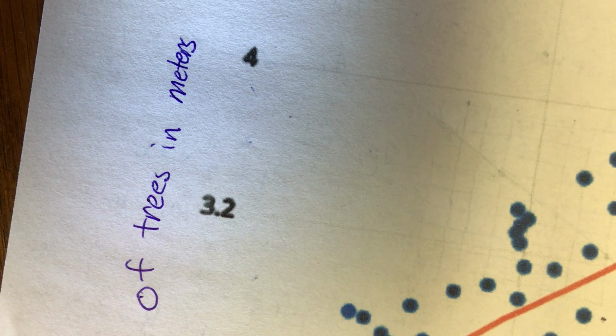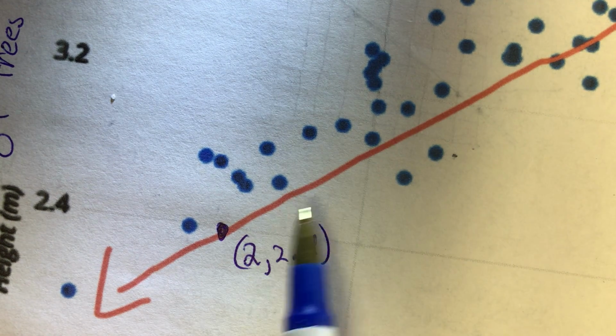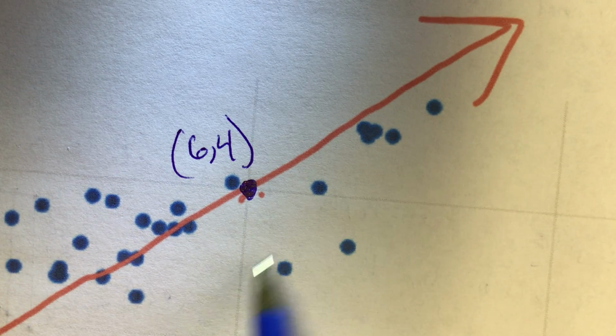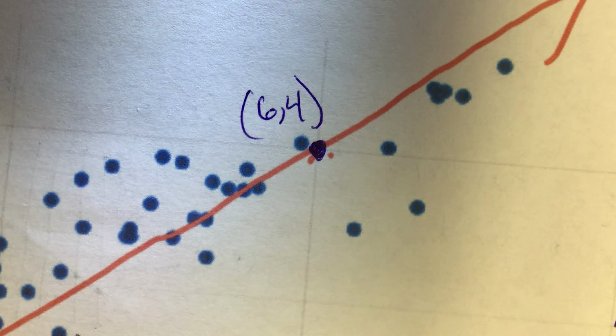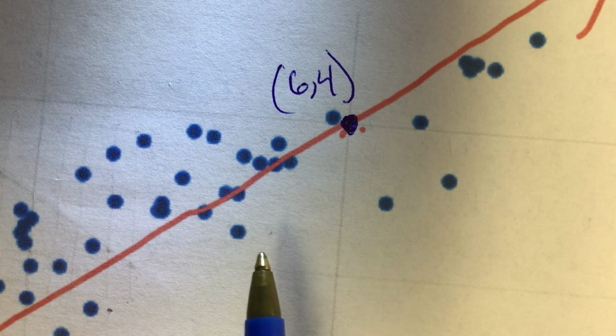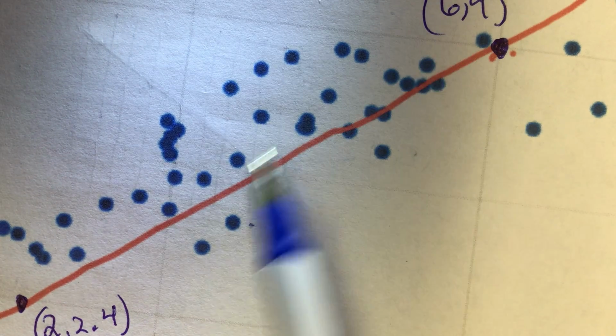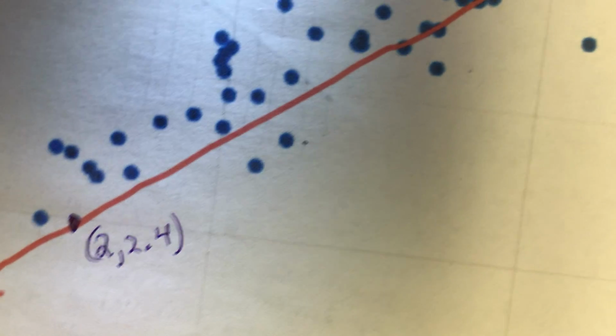So if the diameter is 6 meters, the height will be 4 meters. We see that changes over time, and as I go out further, I'm going to see that these are falling below the line. So I try to make it about, it doesn't necessarily mean half and half, but if you can see what it's going to do, pick a point that would work and that will also give you some good data.